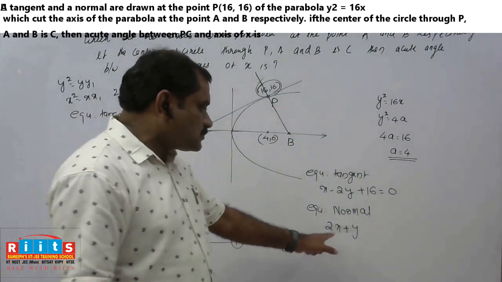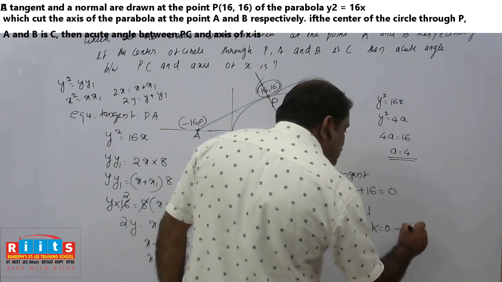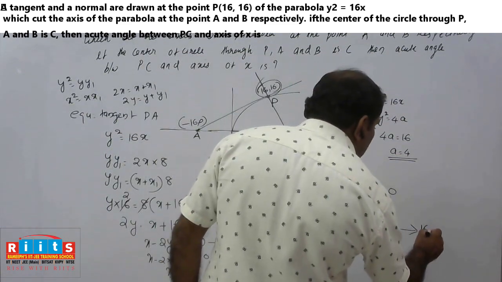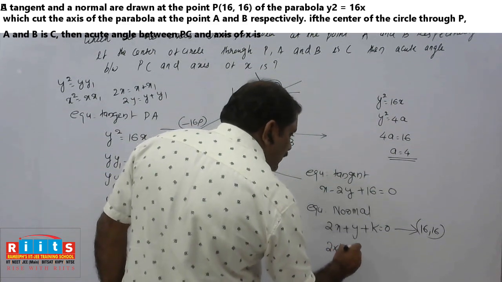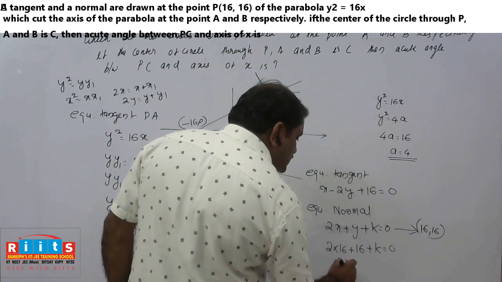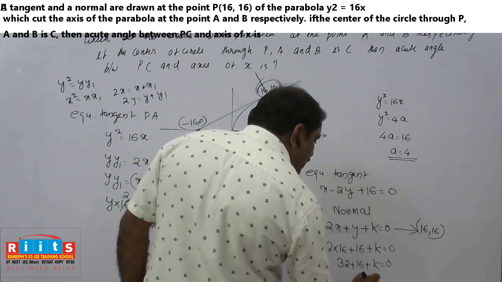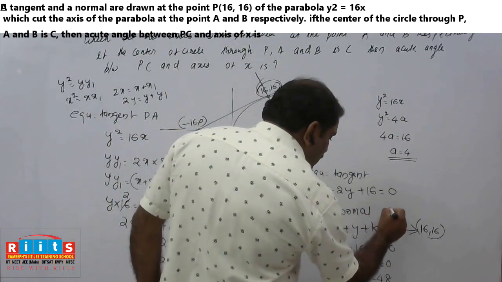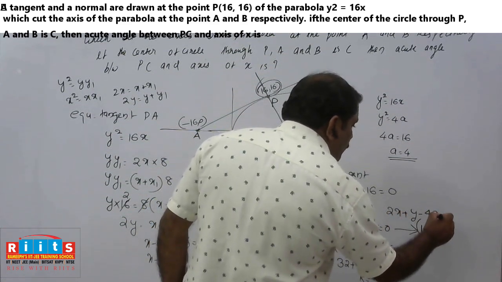Interchange the coefficients: 2x plus y plus k is equal to 0. That is the equation of normal, which is passing through the point (16, 16). Substitute the values: 2 into 16 plus 16 plus k is equal to 0. That is 32 plus 16 plus k is equal to 0, so k is equal to minus 48. So the equation of normal is 2x plus y minus 48 is equal to 0.